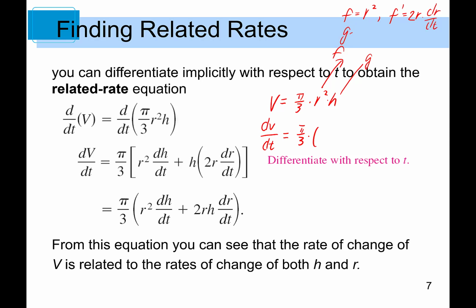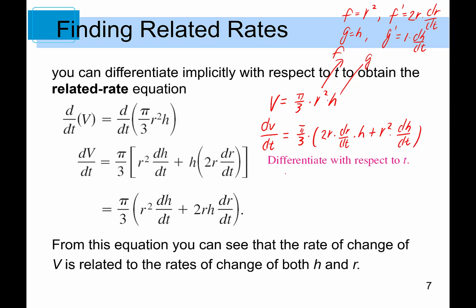And g is h, and g prime is 1 times dh over dt. Then we just apply the product rule. So f prime, 2R times dR over dt, times g, which is h, plus f times g prime, so it's R squared times dh over dt.